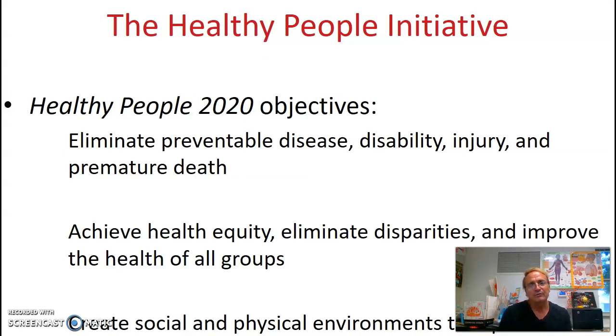And these Healthy People initiatives are usually set forth every 10 years. And with our current textbook, the 2020 objectives are listed here, and we're trying to meet those. We don't always come close, but we're trying to meet them.